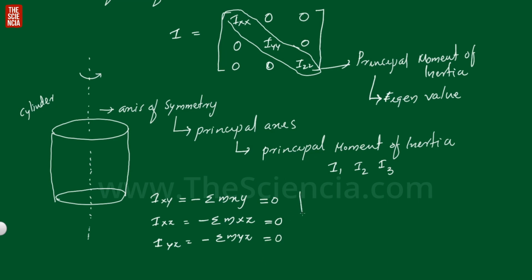Only Ixx, which we call I1, Iyy, which we call I2, and Izz, which we generally call I3, will exist. Only these three terms exist for a cylinder because it has an axis of symmetry and it is revolving around that axis of symmetry.